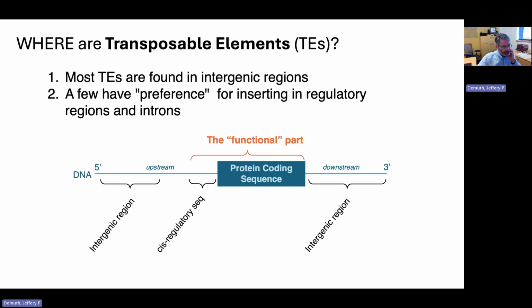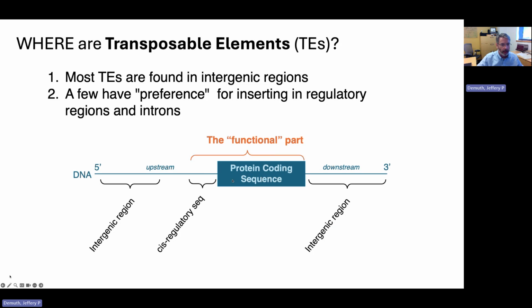So where are transposable elements in the genome? Most TEs are found in intergenic regions. So this little cartoon is a very superficial way of looking at a genome. What we typically consider the functional part is the protein coding sequence and maybe the cis-regulatory elements that govern when and where this protein is going to be expressed.